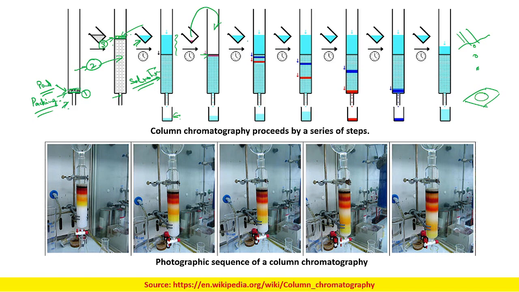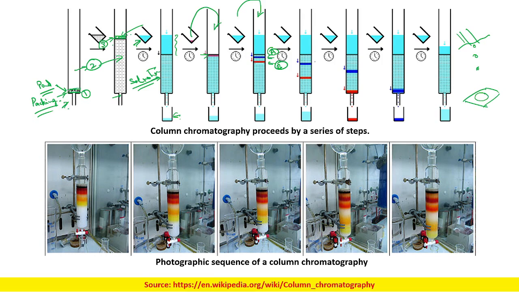Okay. Now once you have this, you add solvents, and while you are adding these solvents, you can see the analytes getting separated. Since there is differential absorption of the different analytes, say the blue one is A and the second one, red, is B, because analytes A and B have differential absorption on the stationary phase, there is a change in the velocity of these analytes through the column.